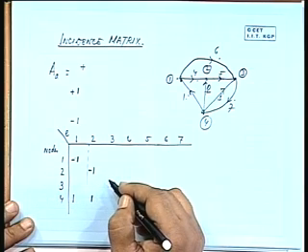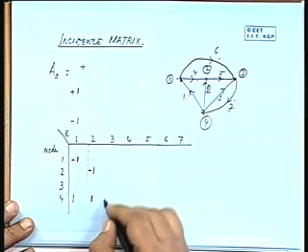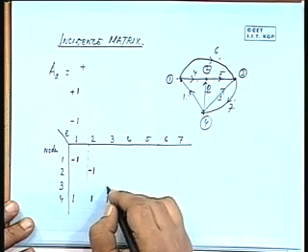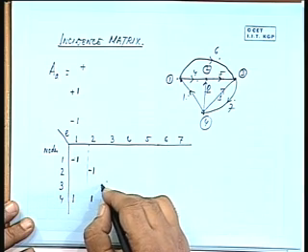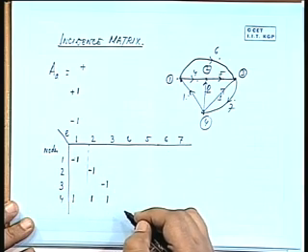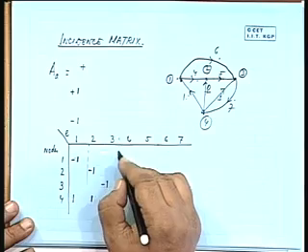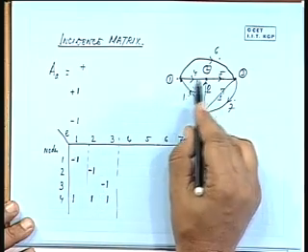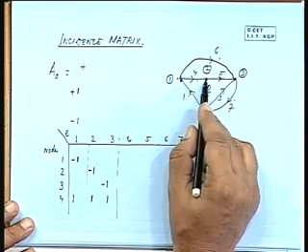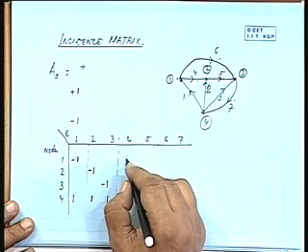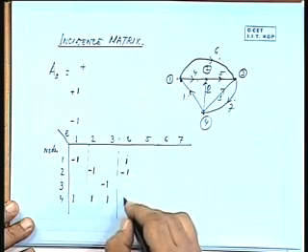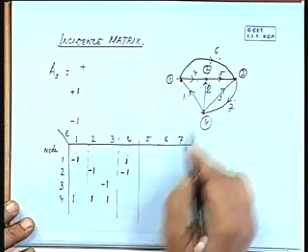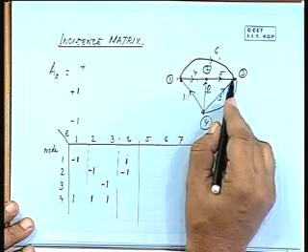Element number 3, could you please tell me? +1 at 4. And at node 3 -1. Then element number 4 is +1 at 1 and -1 at 2. Element number 5 is +1 at 2, -1 at 3.